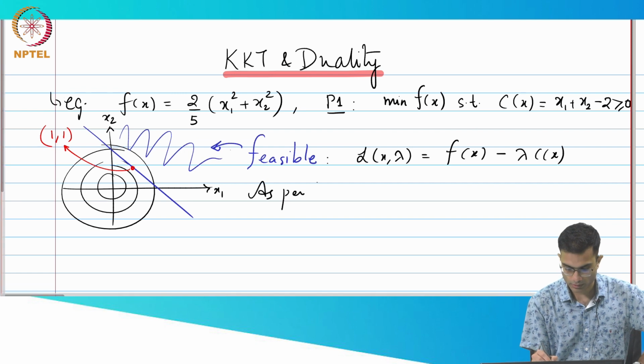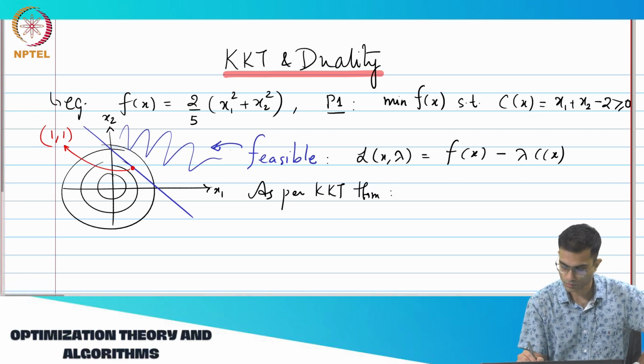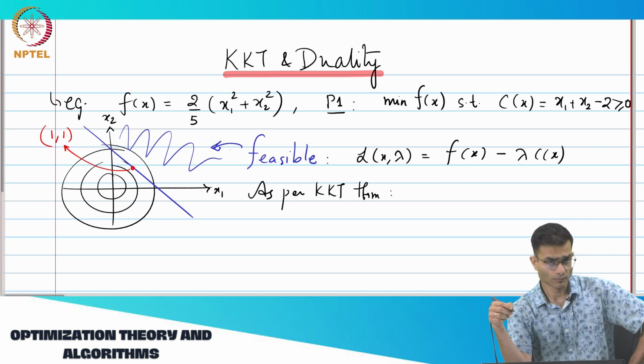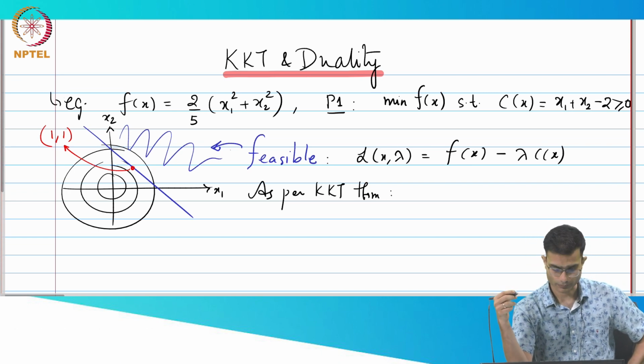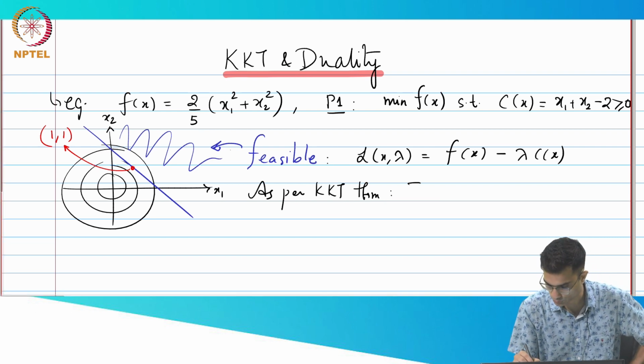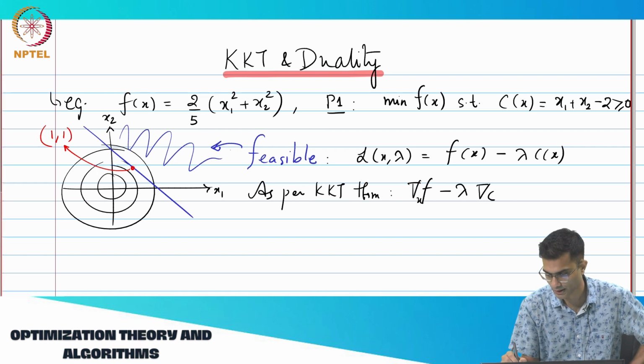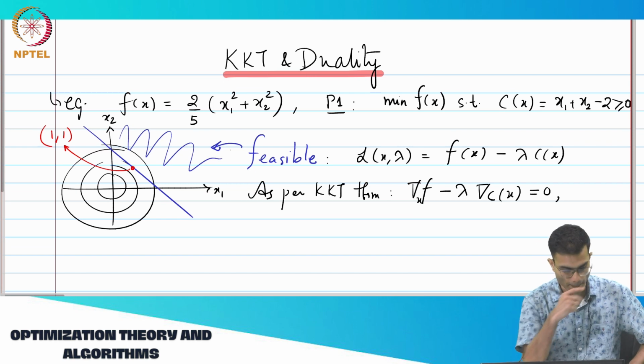As per the KKT theorem, what would I do next? Take the gradient of the Lagrangian, okay? So grad f minus lambda grad c, and I'm going to set this equal to 0, right?